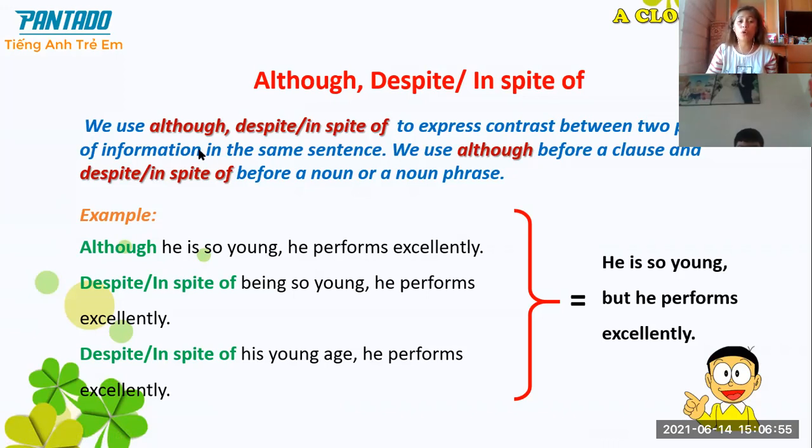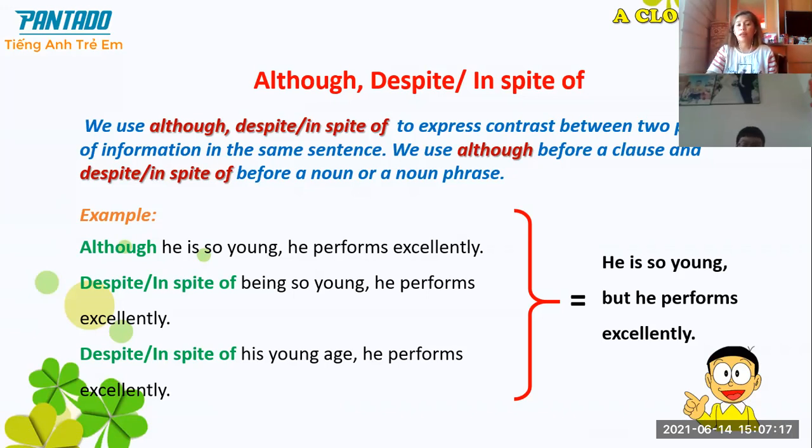Connectors here, we use although, despite, in spite to express contrast between two pieces of information in the same sentence. We use although before a clause and despite or in spite of before a noun or a pronoun phrase.